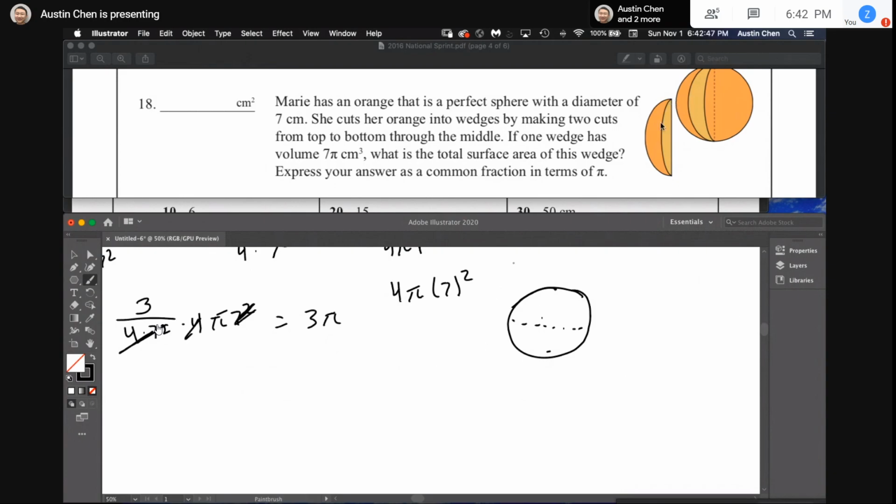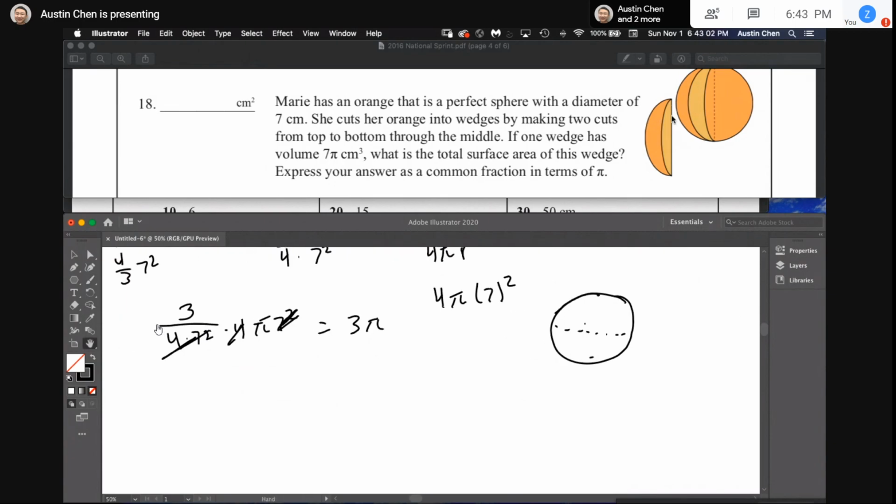But this part is half of a great circle, and we know that because this side length has to be the diameter of the sphere. All right, and this is on both sides, right? So basically, we just have one of these great circles in total. We just need to find the area of one great circle of the sphere, and that will be the inner side surface area.